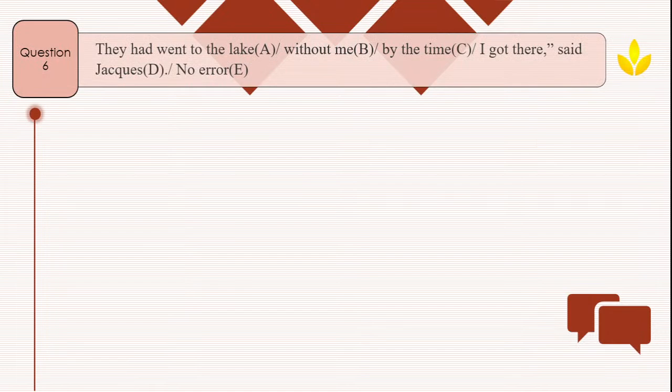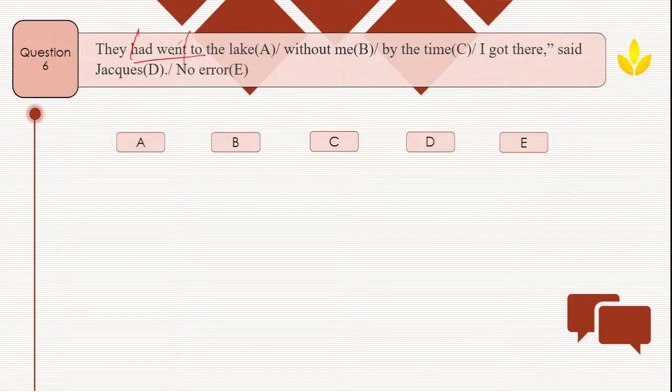They had went to the lake without me by the time I got there, said Jack. So anybody? Your options are A, B, C, D as usual. Again, if you break it into sentences, they had went. You can find the mistake by simply looking at the first sentence.